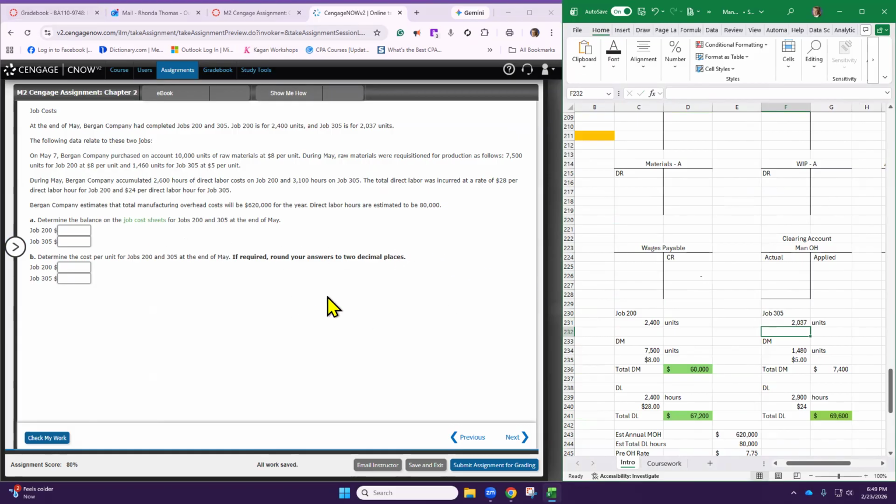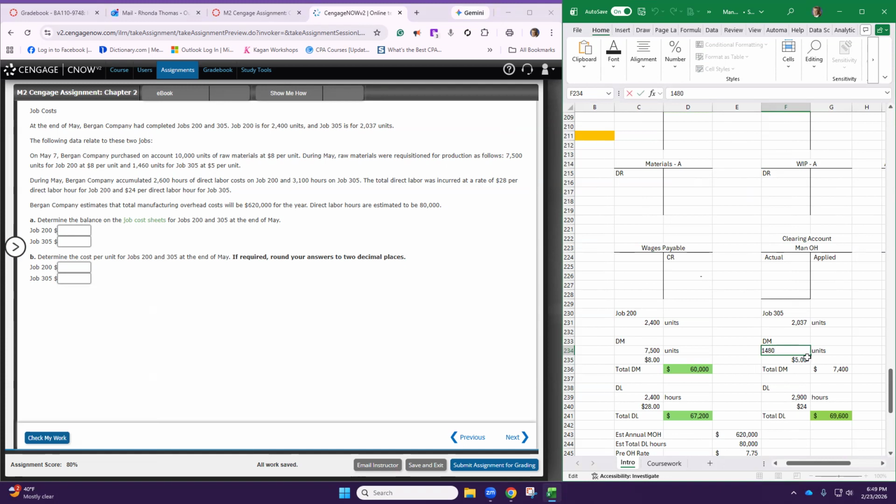Okay, so here we go now. For direct materials, we're going to have direct materials for both. One has 7,500 units at $8 each. So there's your direct materials going into work in process for job 200. Job 305 has 1,460 units.